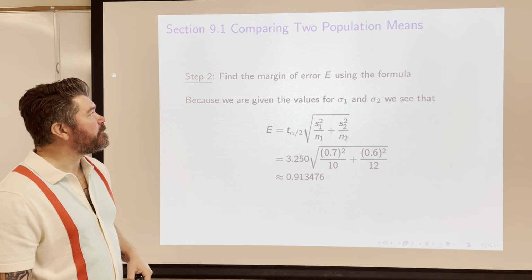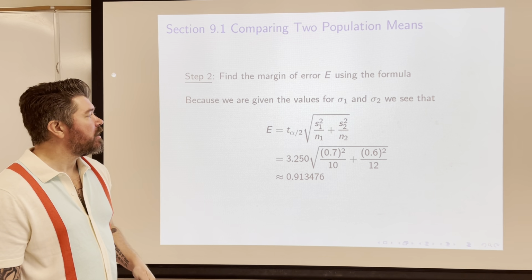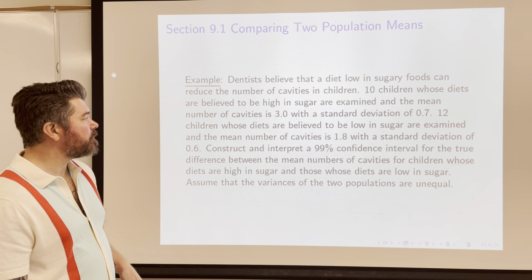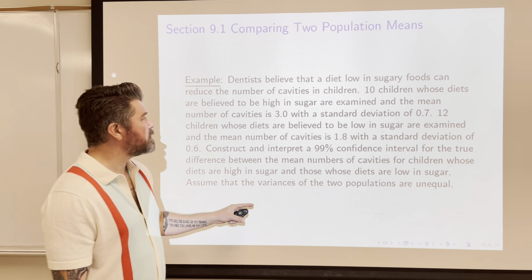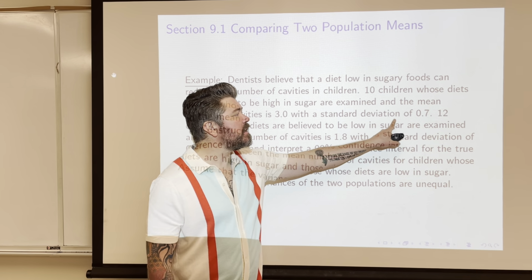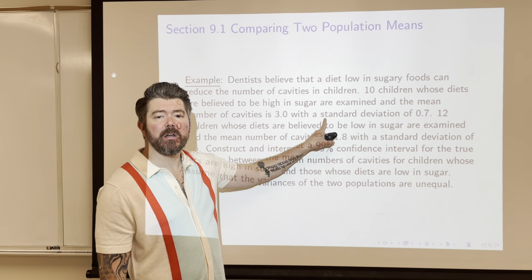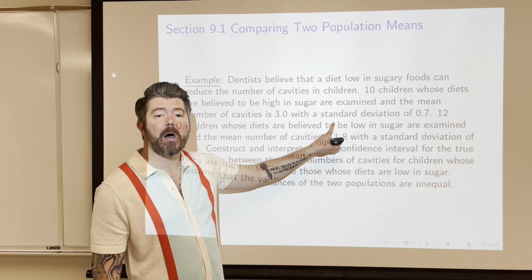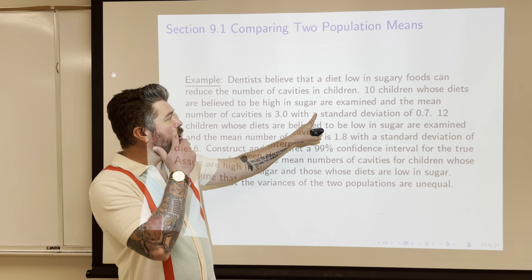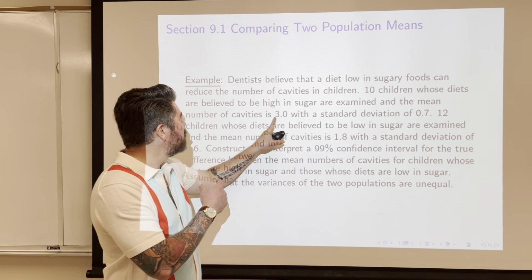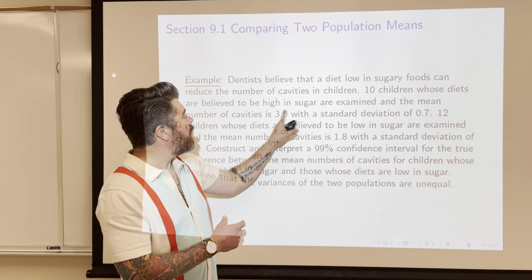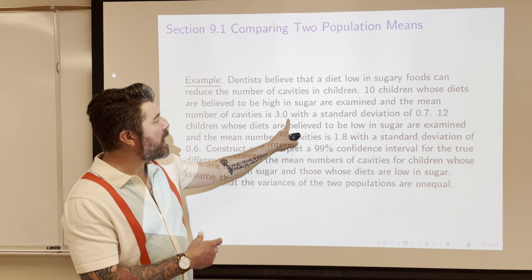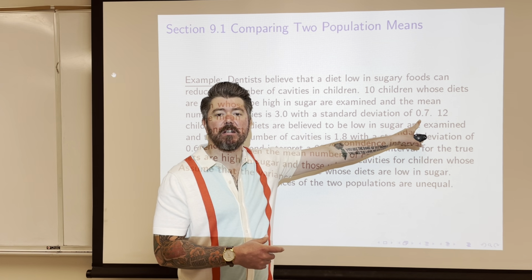We next need to find the margin of error. Now notice we're using this formula because, why? We see a standard deviation, but they're not telling us to assume the population standard deviation. Notice that from this sample, we've calculated the mean and we've calculated the standard deviation.